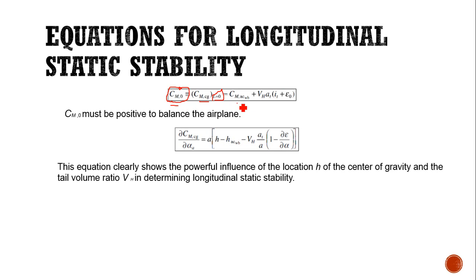Then the condition is called Cm0, which is equal to CmAC WB plus VH into AT into 1 IT plus epsilon naught. Cm0 must be positive to balance. In order to balance the airplane, Cm0 must be positive. And one more thing, they will ask questions like this. They will give some initial data to find whether the aircraft is stable and also balanced.